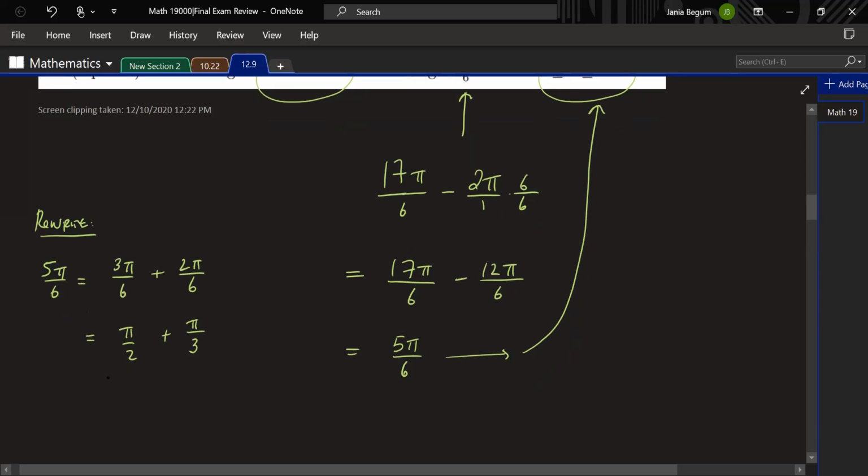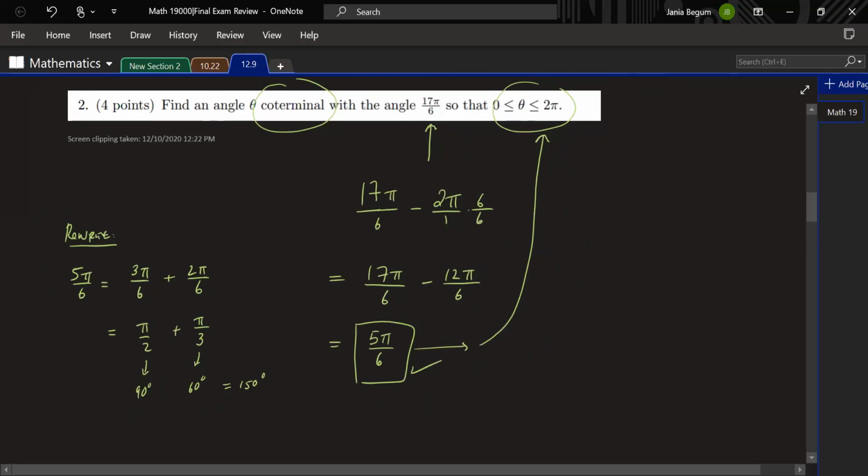These are measures you should be familiar with. Pi over 2 is 90, and pi over 3 is 60. So 90 plus 60 is 150. Yes, this is within the boundary. So there you have your coterminal angle between 0 and 2 pi.